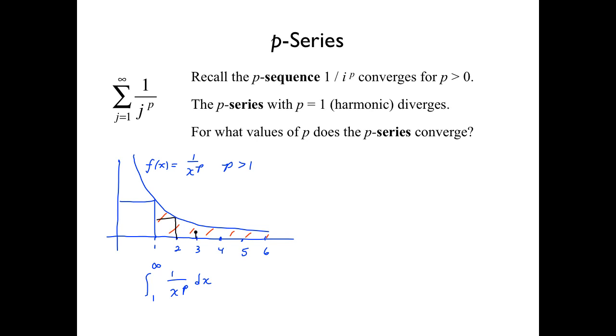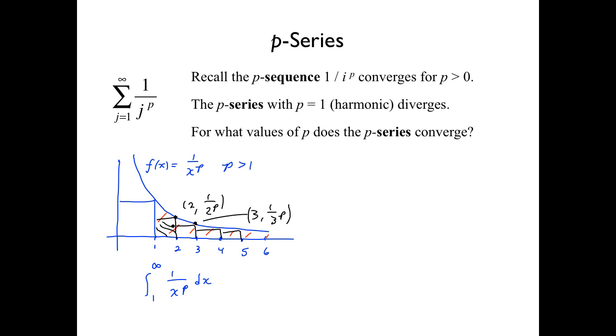But if I make rectangles, then we'll see that the areas of these rectangles are values of the p sequence. Why? Because the coordinates of this point are 2, 1 over 2 to the p. And the coordinates of this point are 3, 1 over 3 to the p.